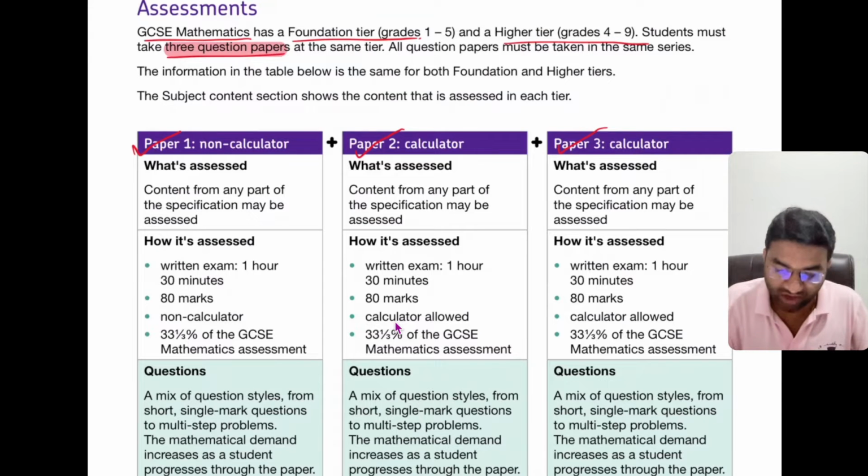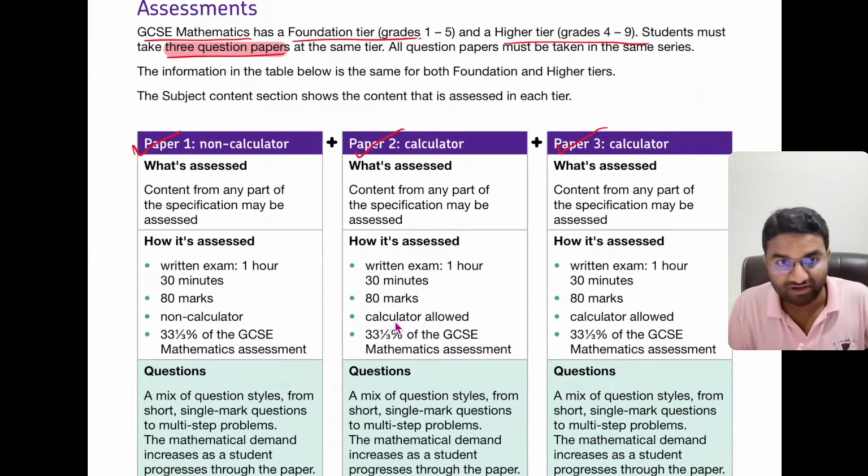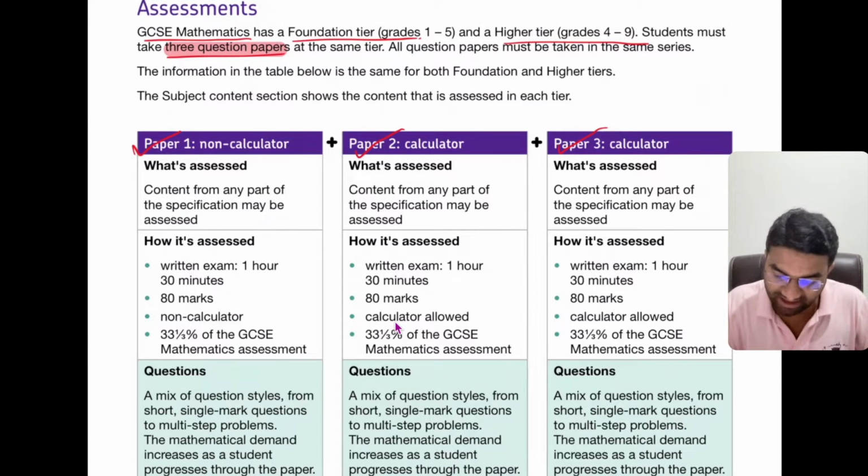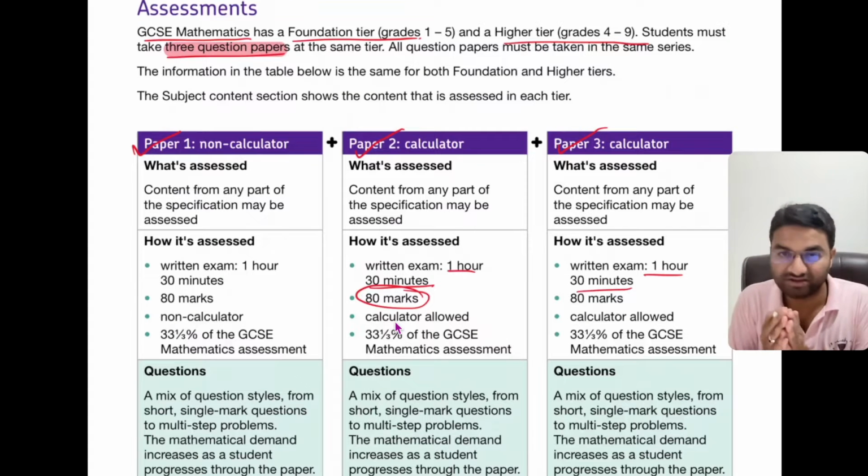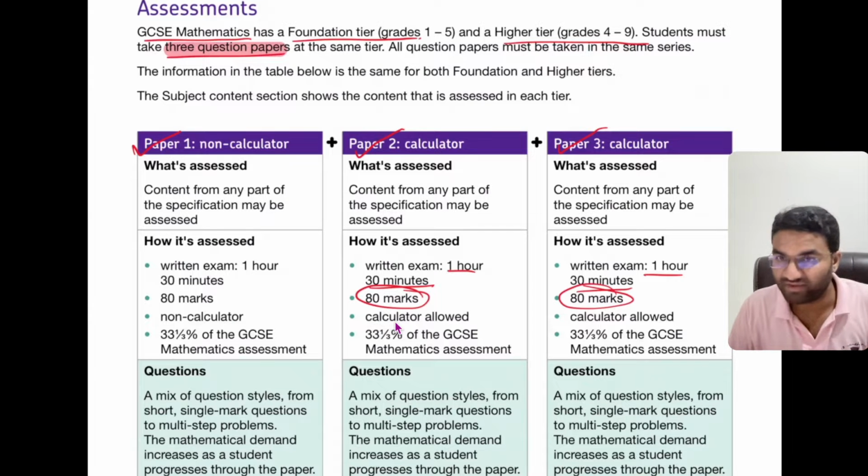It is a 1 hour 30-minute question paper, 80 marks, and 33% of the marks are considered for your final mark sheet. Then calculator-based paper 2 is a 1 hour 30-minute written exam, again 80 marks. And paper 3 is also a 1 hour 30-minute written exam of 80 marks. All 3 of them are weighted around 33%.